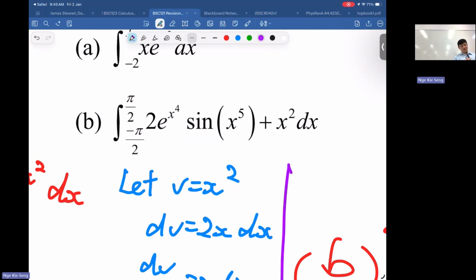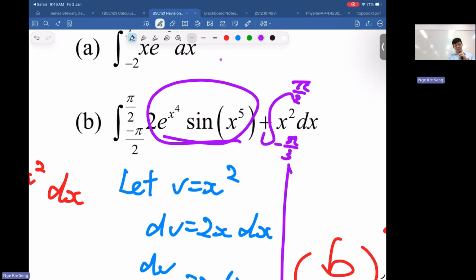But I think for this question, substitution is not enough because the e is beside the sine. So I think you need to use integration by parts. But for this term here, please don't combine them together. Separate them. Don't do substitution on this one also. This is just a simple integration: x cubed over 3, and then evaluate it. But for this term here, I think you need to do substitution and then integration by parts.